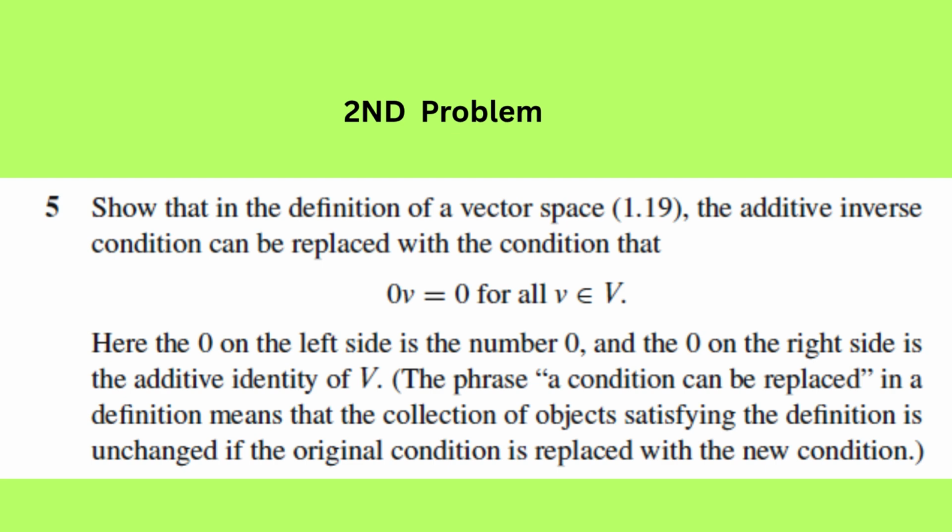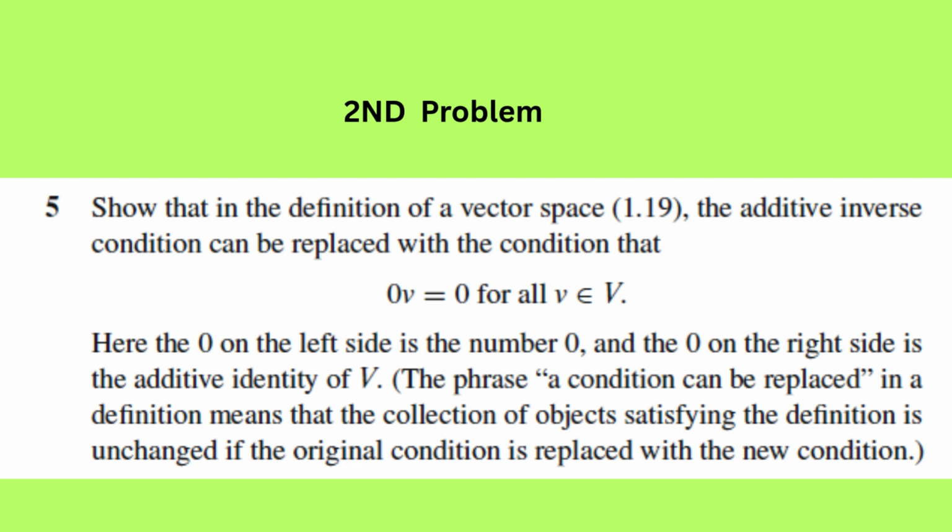Here the 0 on the left side is the number 0 and the 0 on the right side is the additive identity of V. The phrase "a condition can be replaced" in a definition means that the collection of objects satisfying the definition is unchanged if the original condition is replaced with a new condition.